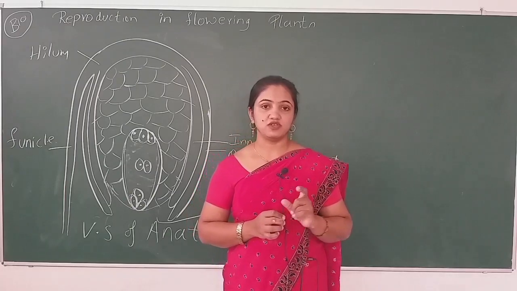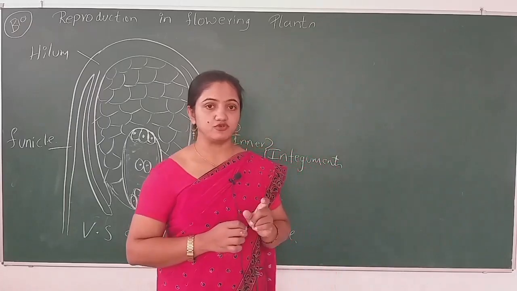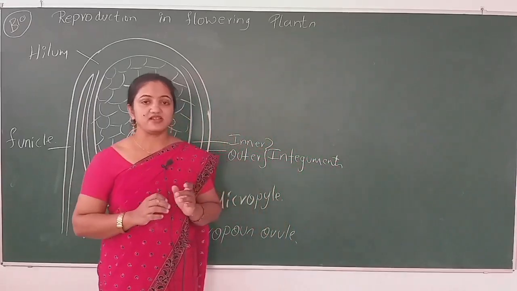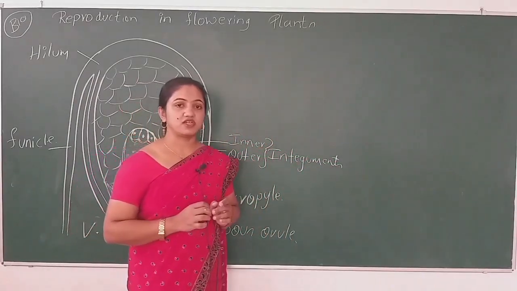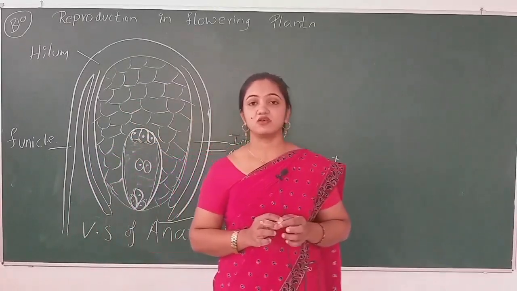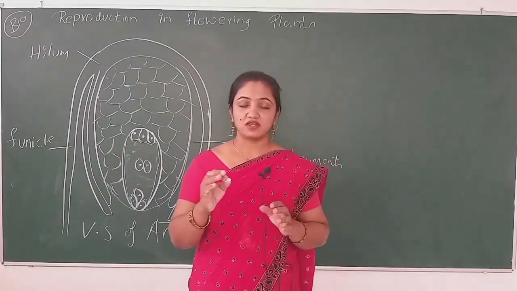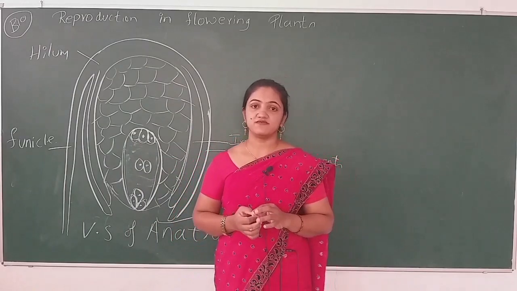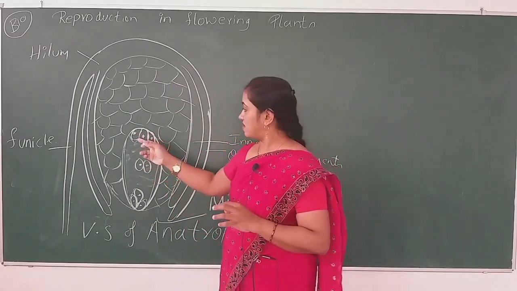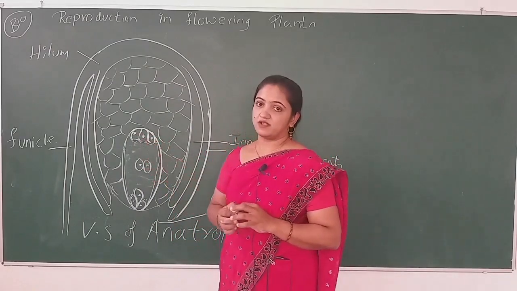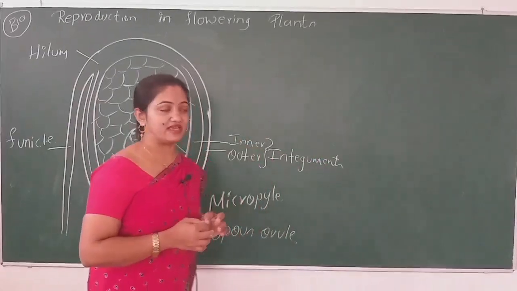That functional megaspore undergoes 3 mitotic divisions. The resultant product of the 3 mitotic divisions is 8 nuclei.